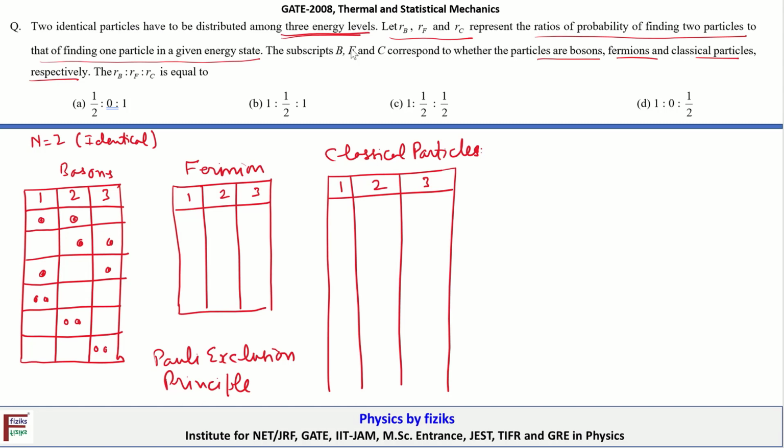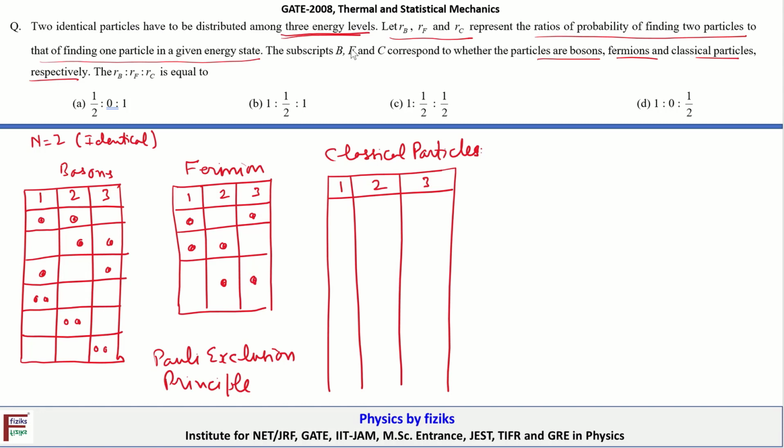That is, we cannot put more than one fermion in a single particle energy state. So these possibilities will be feasible. So this is the third option.